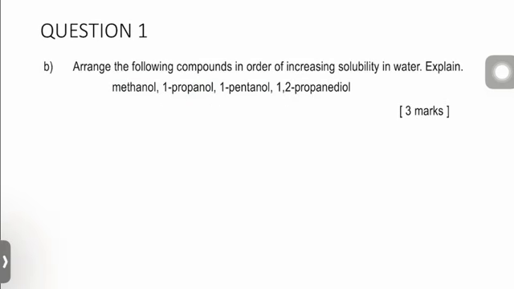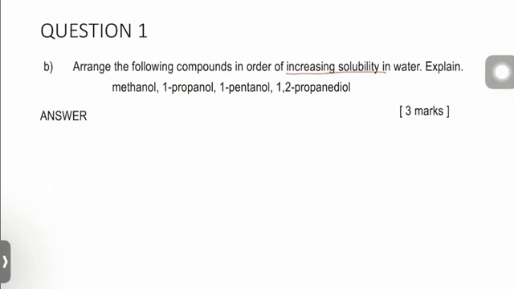For question number 1B, arrange the following compounds in order of increasing solubility in water. Explain. Again, before we arrange, we have to know the factors that affect the solubility of molecules in water.